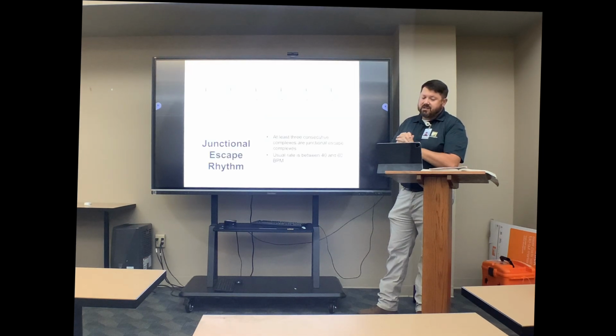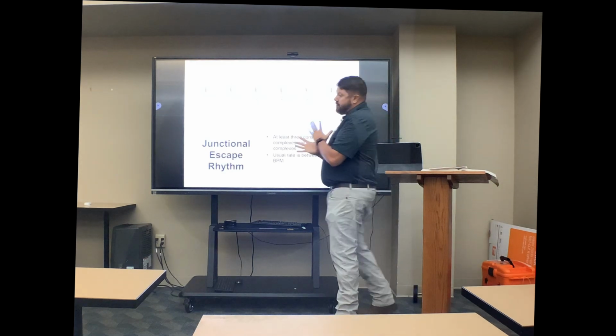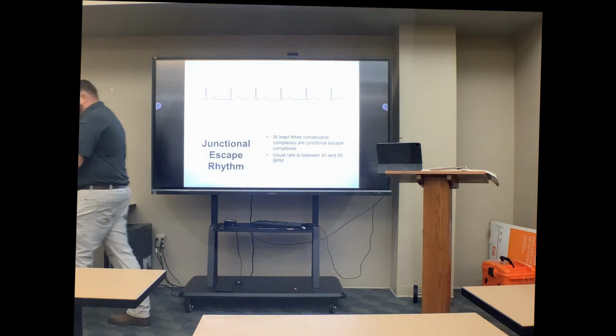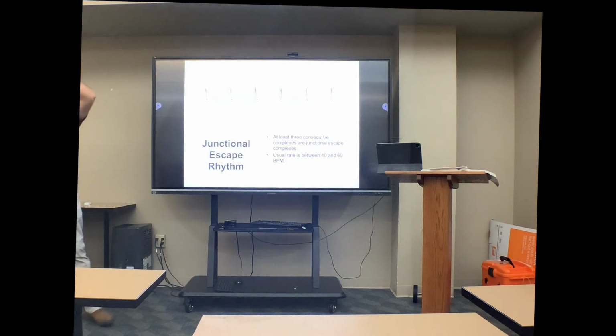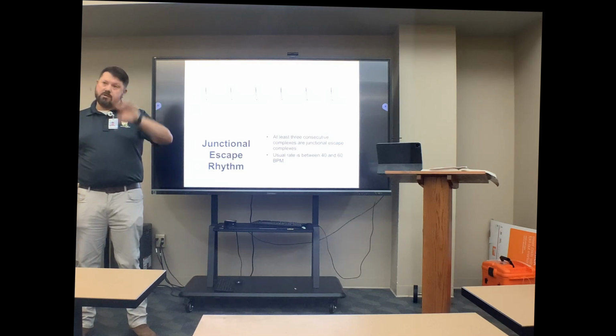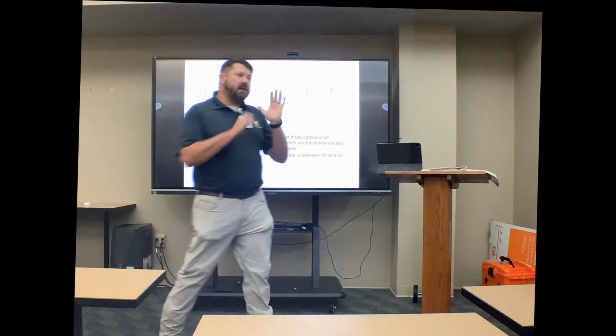Now your junctional escape rhythm. The rules here. Number one, it's an arrhythmia, so you would identify it as a junctional rhythm or junctional escape. The rate should be 40 to 60.